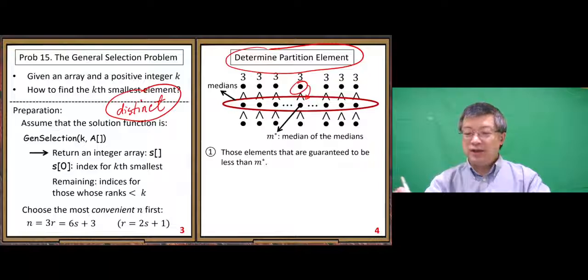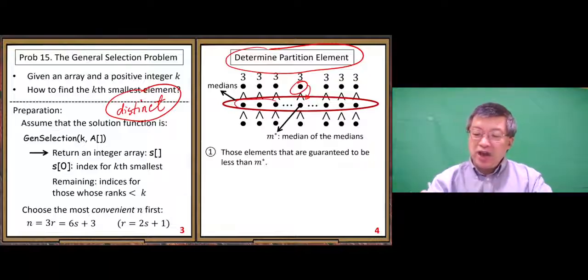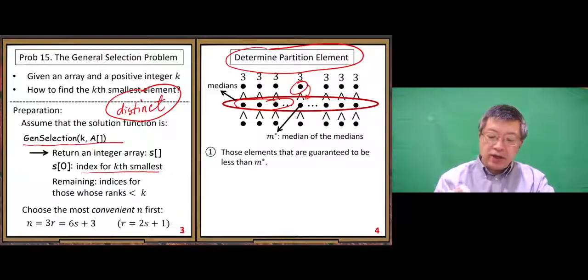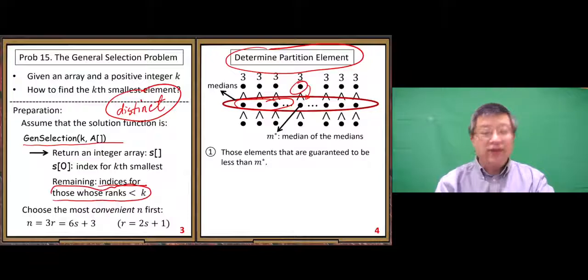Yes, right? All right. How about these elements? Remember when we call this function, it also returns indices for those elements whose ranks less than k. We also return that.